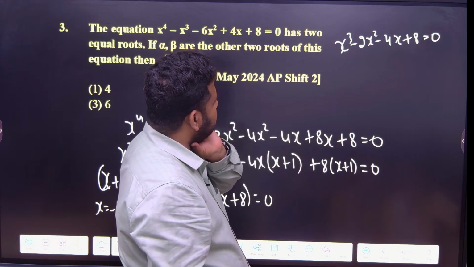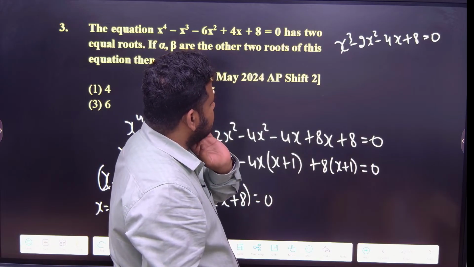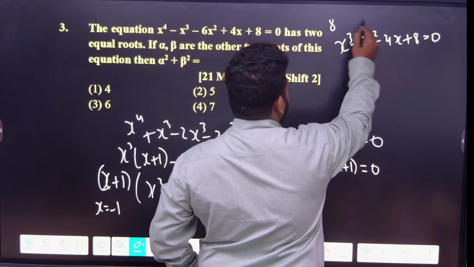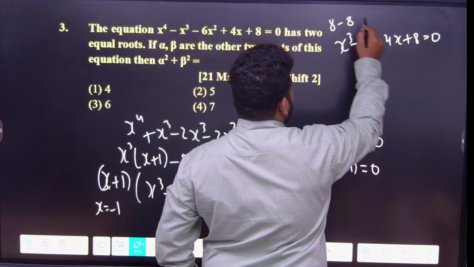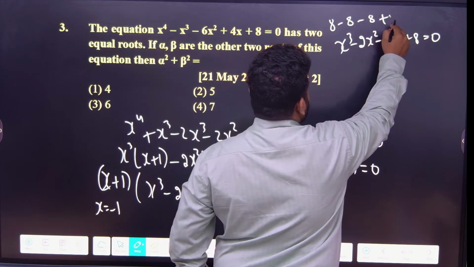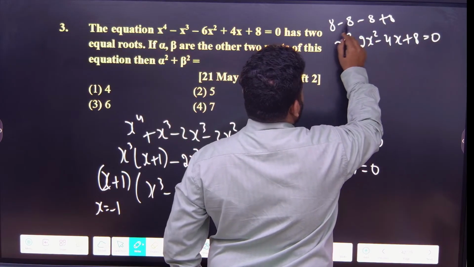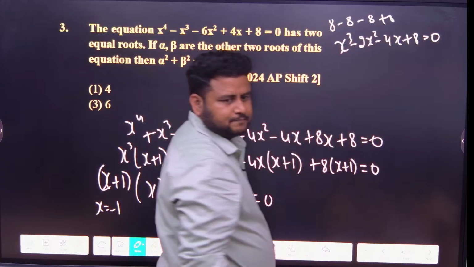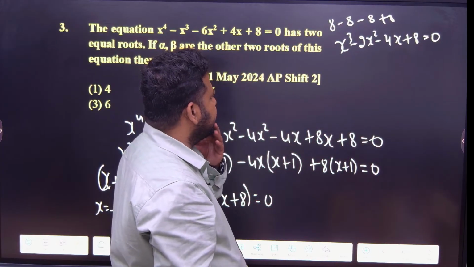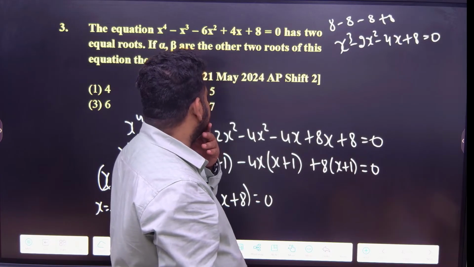If I put 2, 8 minus 8 minus 8 plus 8, yes, it is possible. If I take x is equal to 2, it is possible.